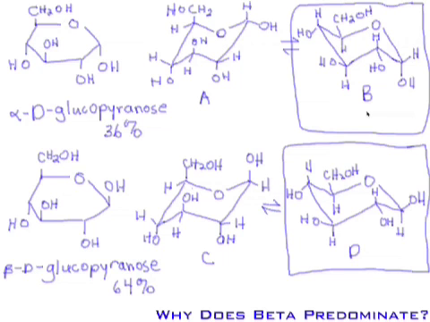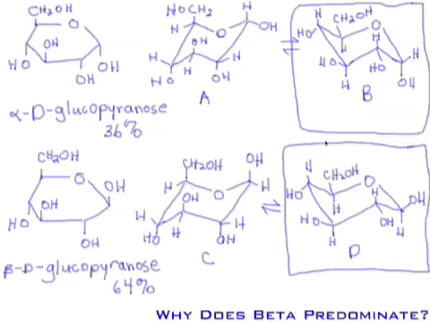Now those chair conformers indeed are the key to explaining why we get different percentage compositions when D-glucose cyclizes, and we get 64% beta-D-glucopyranose versus 36% alpha-D-glucopyranose.